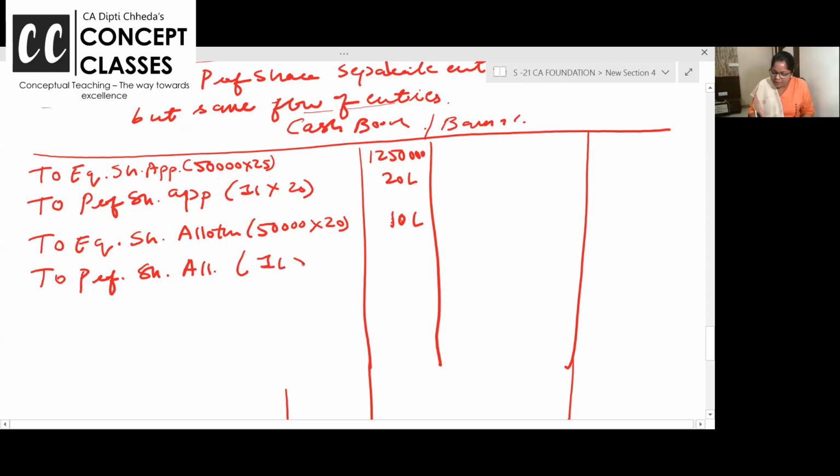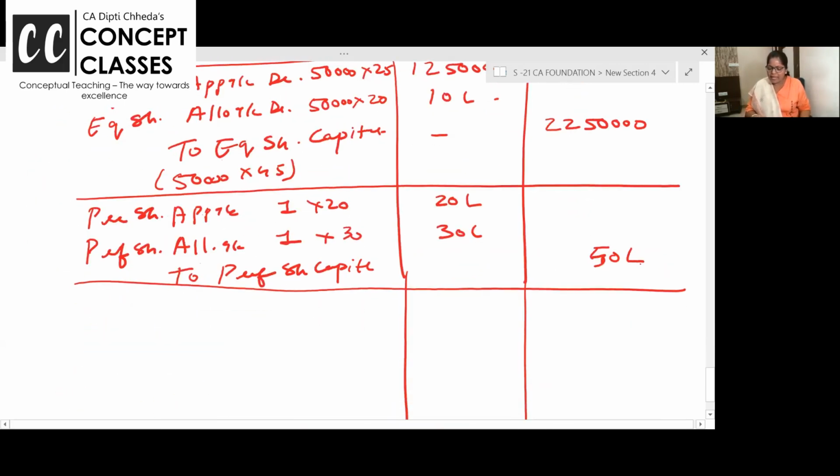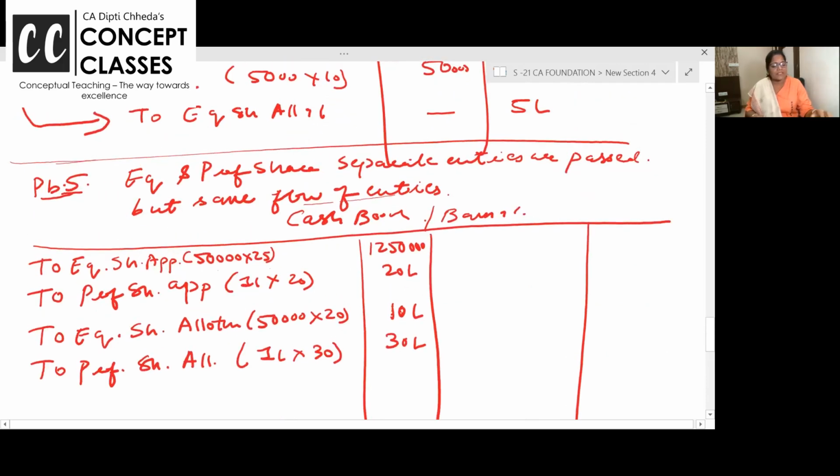Preference share allotment account, 1 lakh into 30. Allotment due, journal entry; allotment received. Anyone in the class is feeling, ma'am, can I make the cash account or can I write the journal entry? Answer is no. You have to do it in this flow. Allotment ko pehle due kiye and allotment is received.